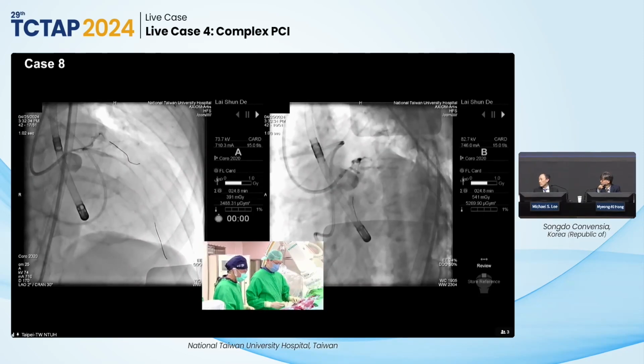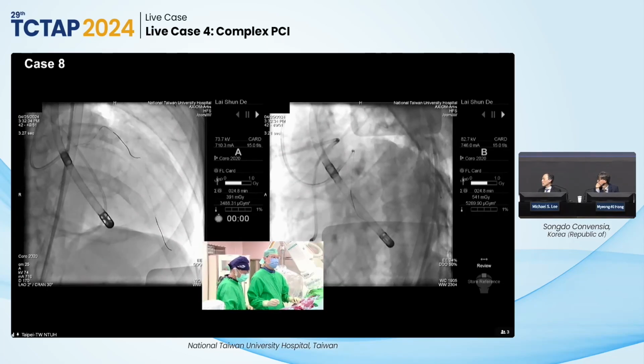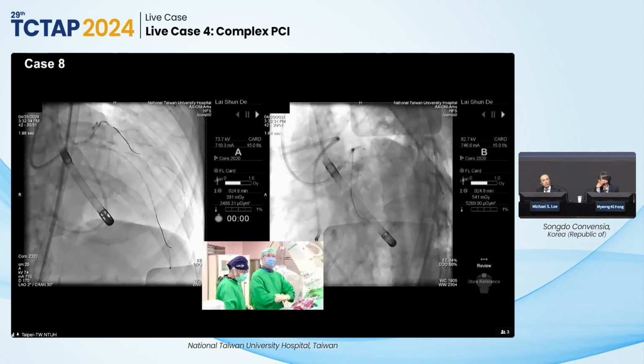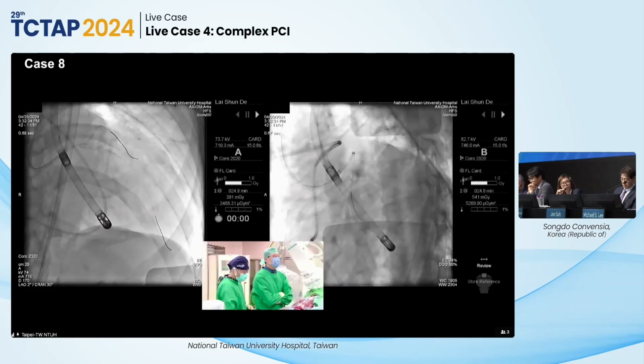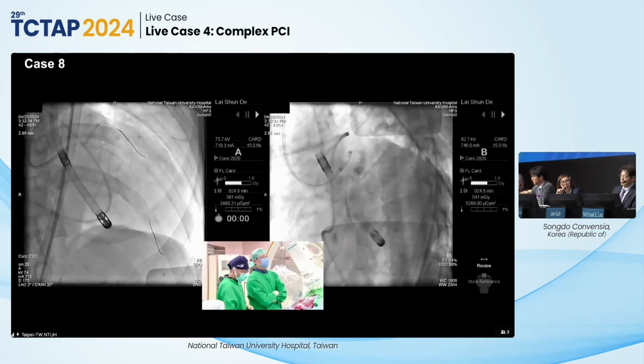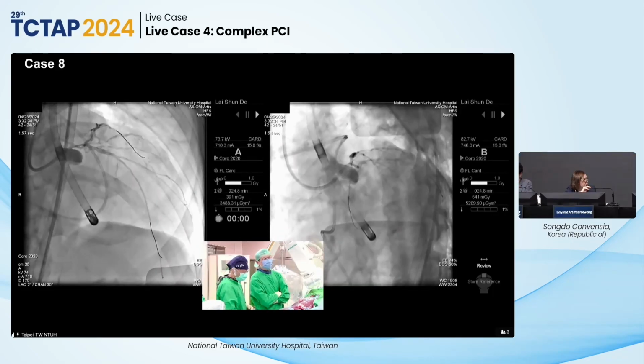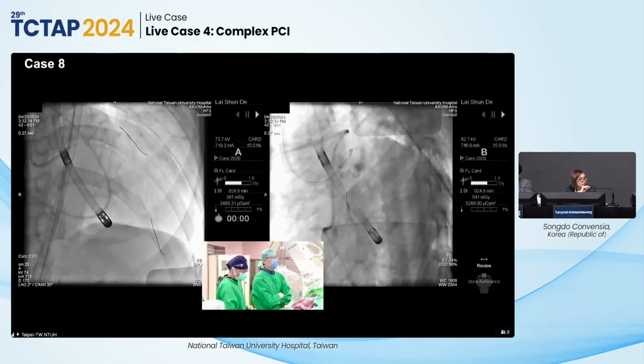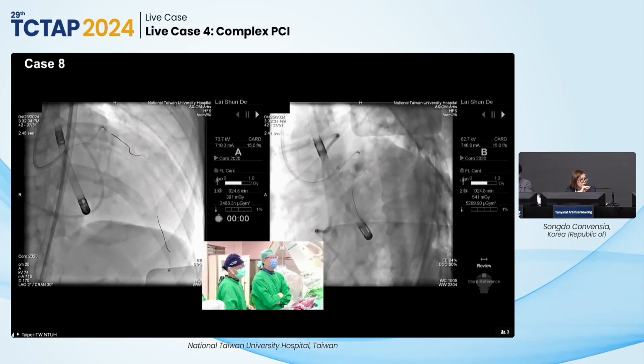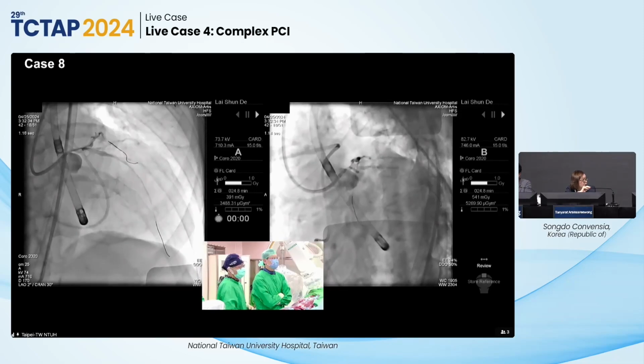From the echo study, he has severe tricuspid regurgitation, which is not very common for an LAD or left main lesion. I'm not sure that the ejection fraction of 20% comes from the LAD.